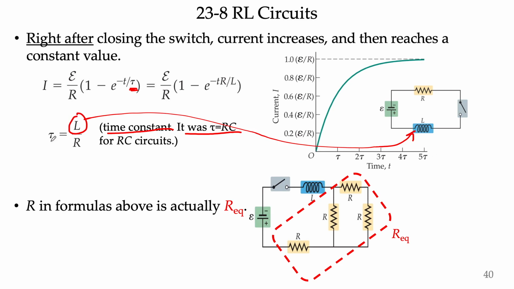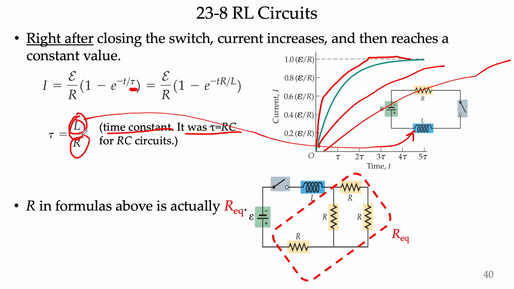So if L or R are different, of course you get different taus. That means this curve may be like this, or it could be really fast like this. So if you want to control this curve, you would change either L, the inductance, or R in the circuit.